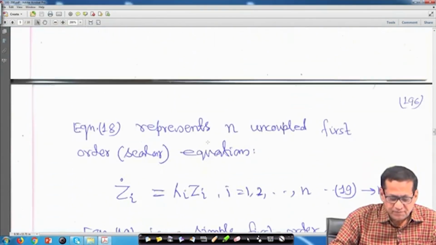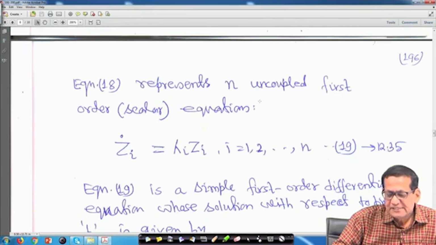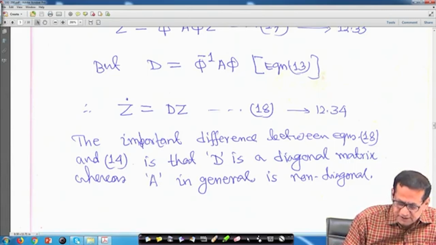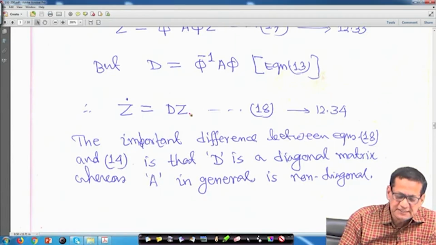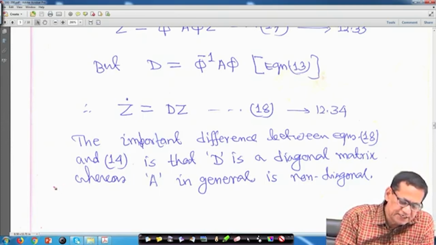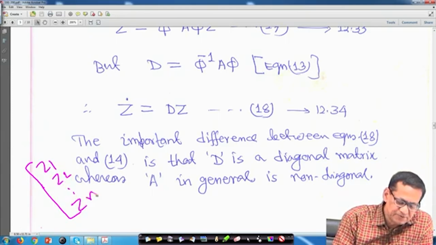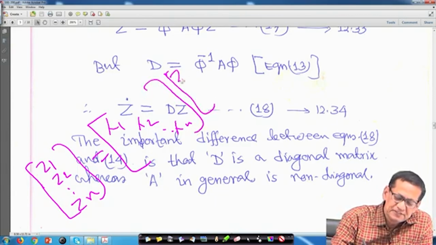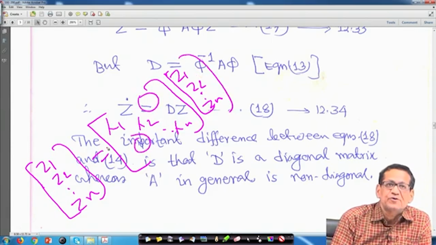Now, equation 18 actually represents n uncoupled first order, that is scalar, equations. If you look into this equation, z dot is equal to D z, generally if I write, this is z 1, z 2 up to z n, suppose the matrix is n into n, and D is actually a diagonal matrix lambda 1, lambda 2, lambda n, times z 1, z 2 up to z n, and all other elements are 0.